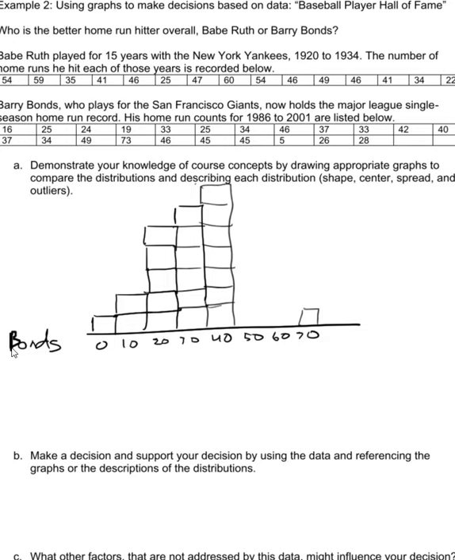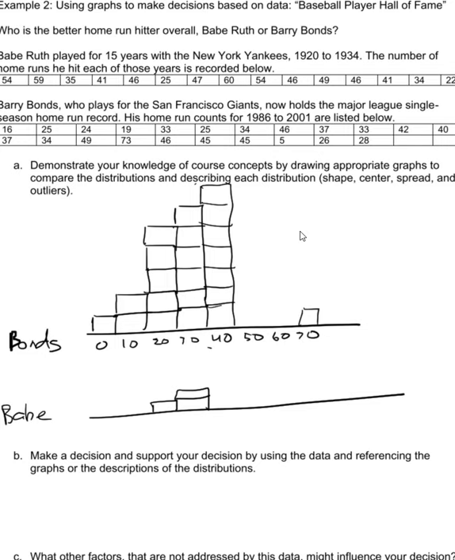All right. So now let's do Babe. The Babe will have the same axes. How many 20s does he have? He's got 1 20, so we'll put a 1 there. And how many 30s? He's got 2 30s, so we'll put 2 there. So how many 40s does he have? 1, 2, 3, 4, 5, 6, 7 40s.